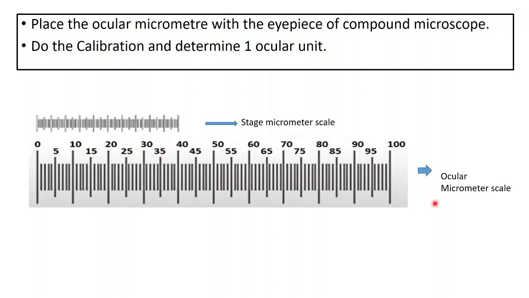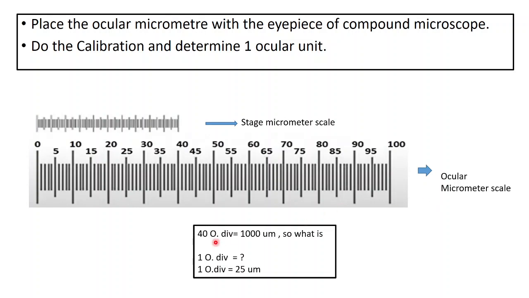In this way you can say that the 40 divisions of the ocular micrometer scale are equal to 1000 micrometer. So what is one ocular division then? You can calculate it by just dividing crosswise, and you will get 25 micrometer. One ocular division is equal to 25 micrometer.